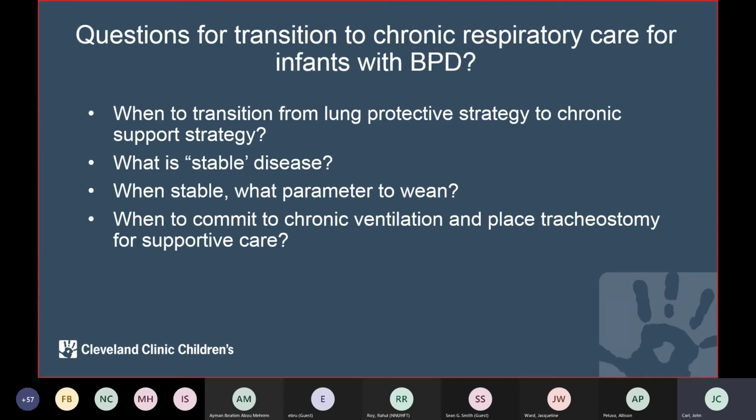Is this actually bronchospasm? Is this actually airway? Or is this in fact a vasculopathy that is manifesting episodically based on degree of sedation, ventilatory support, et cetera? And when to commit to chronic ventilation and actually use a tracheostomy or invasive ventilatory support for supportive care.